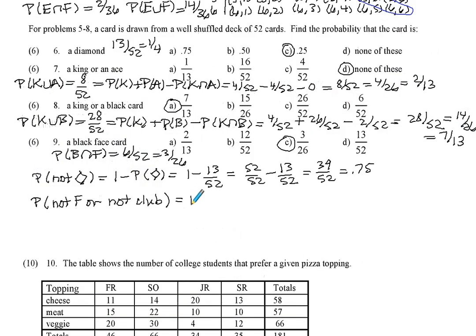So let's write this in symbols. This is probability that it's not a face card, let's call that F prime, union, not a club, let's let C stand for club, so not C. So here we've got 2 negatives and a union in between, so then we can use one of those De Morgan's laws.